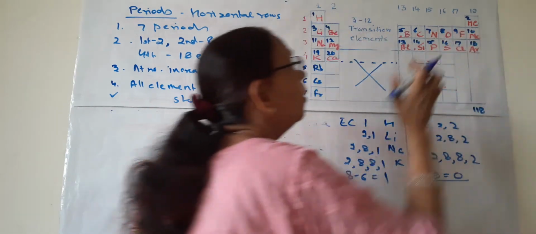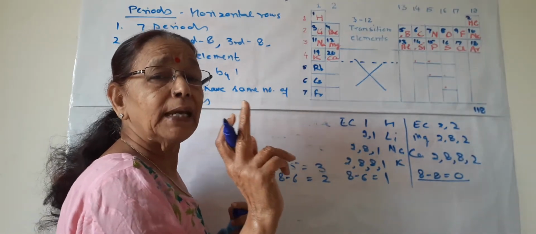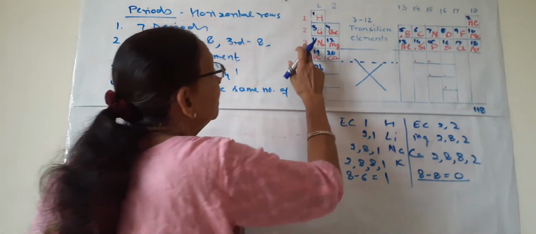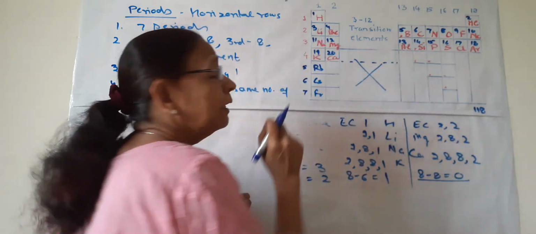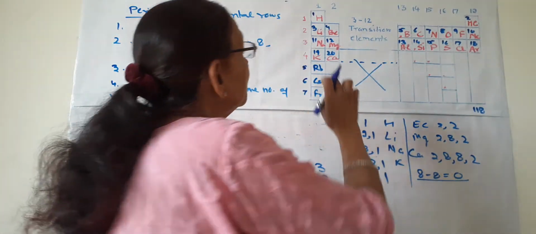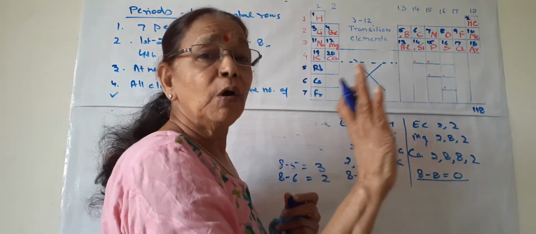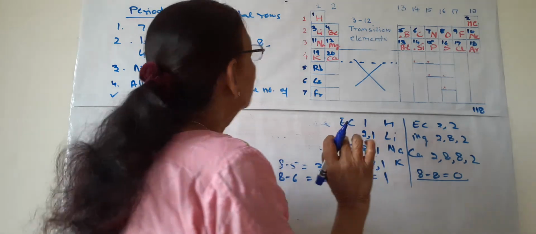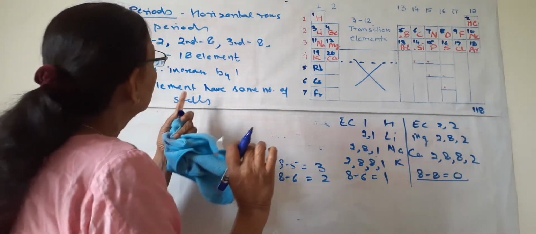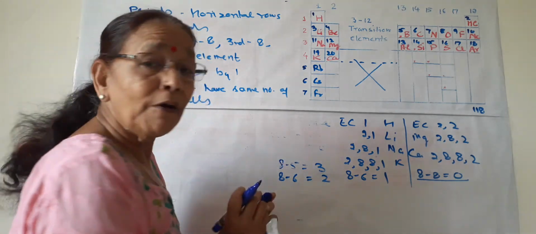So all the elements of the second period have 2 shells, K and L. The elements of the third period all have 3 shells, K, L, M. The fourth period has 4 shells, K, L, M, N. So all elements of a period have the same number of shells.